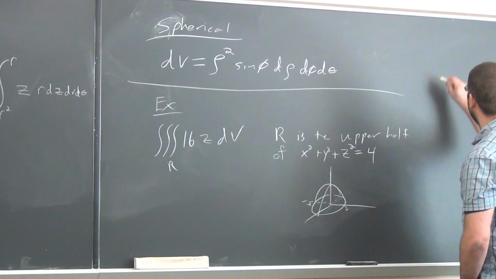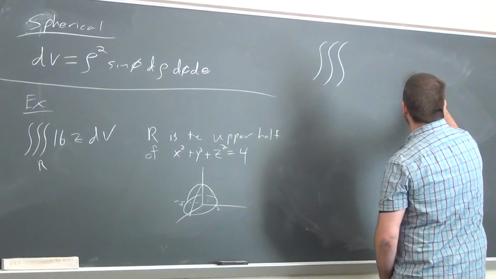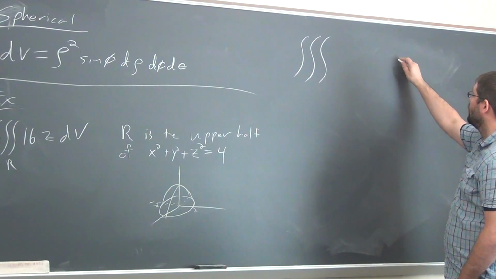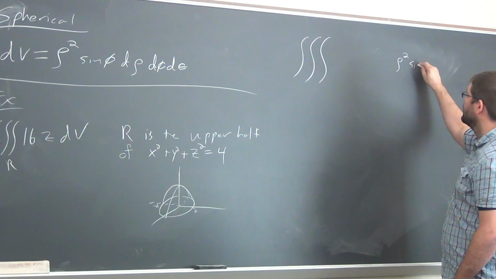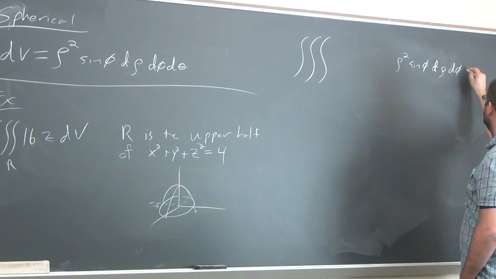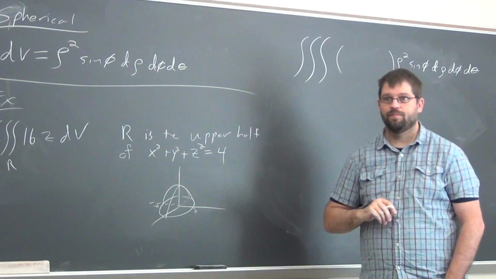And so when we want to integrate that, we convert to spherical coordinates. Let me just do this off to the side. So dV becomes what? Rho squared sine of phi d rho d phi d theta. What does z become?